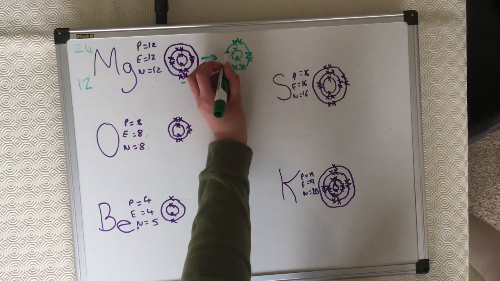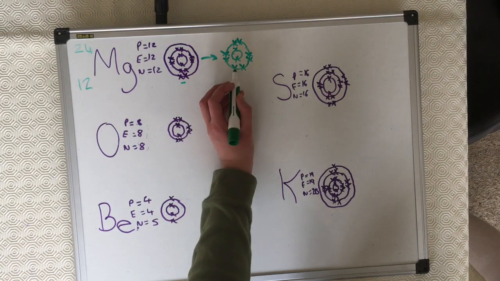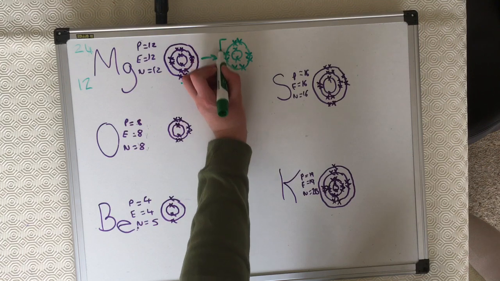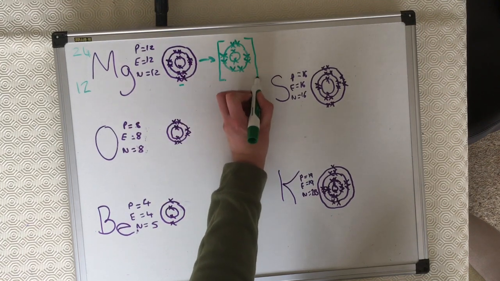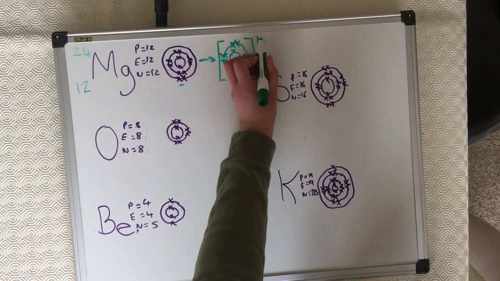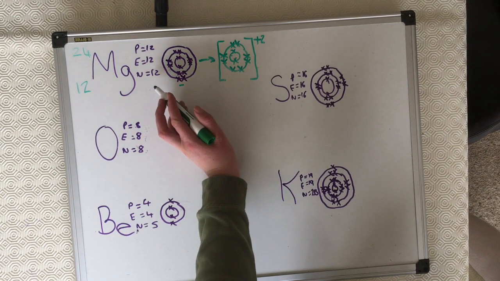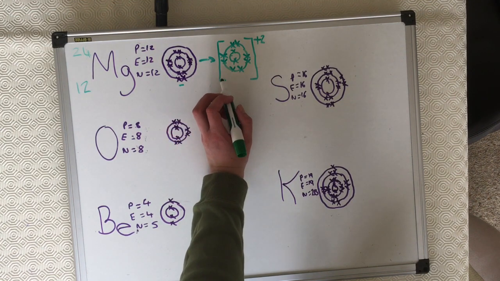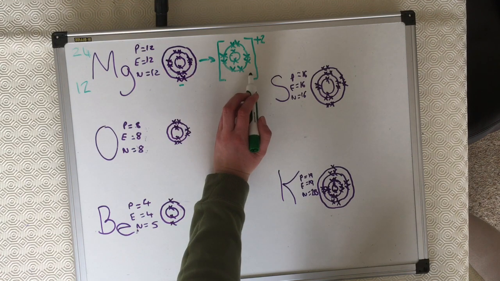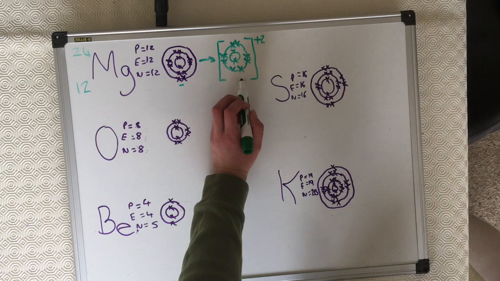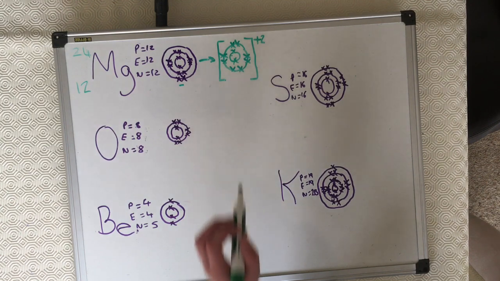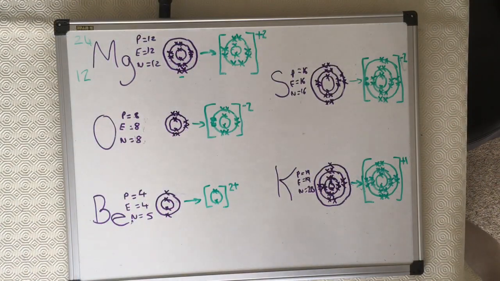Going to have the 8 in the next because they're full. That's now the full outer shell. Draw the square brackets with a +2 because it's lost 2 electrons, and that's the ion for magnesium. If you're not sure why it's a +2 ion, please rewind the video back to the explanation and it'll explain there.